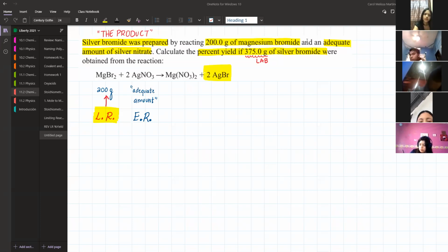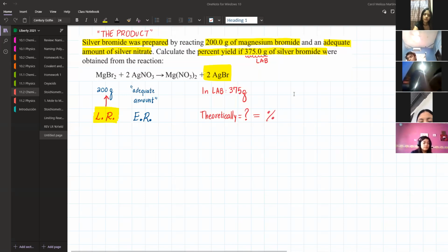And in the lab, I obtained 375 grams. So I want to know, even if the problem is not telling me, what I can get theoretically, because if I want to know the percent yield, I need to know what I can get theoretically, okay?